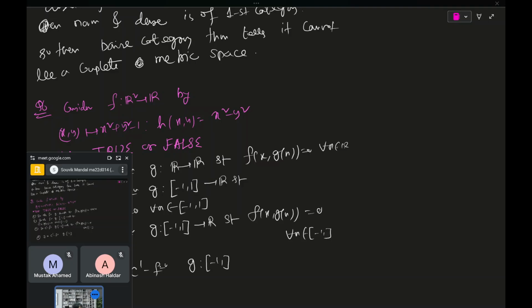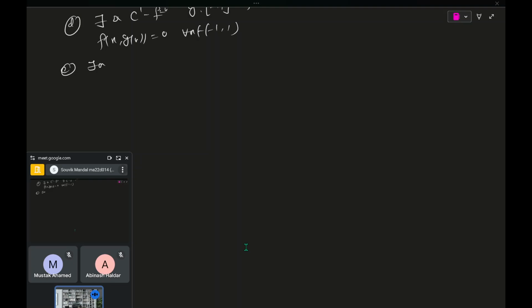D: there exists a C1 function g from minus 1 to 1 to R such that f of (x, g(x)) equals 0 for all x belonging to minus 1 comma 1.